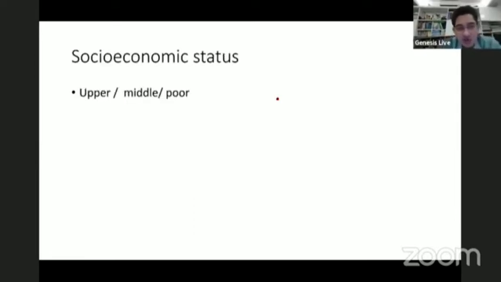Socioeconomic status, all these three groups of people may be affected by peripheral vascular disease. Usually, upper class people, they are affected by atherosclerosis. Poor people, they are affected by Buerger's disease. You'll see that Buerger's disease is very common.